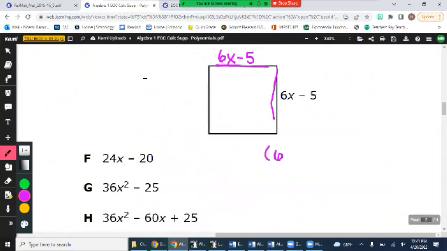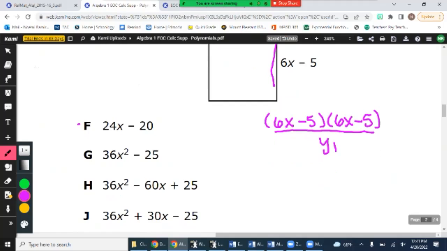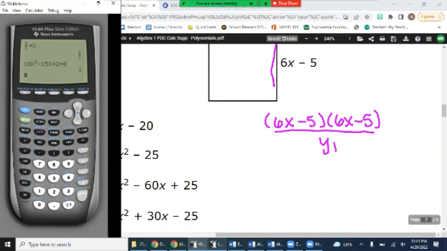If you want to do it the long way, you would use box or FOIL. But since I know what my two binomials are, and I know that once I work that out, it'll be equivalent to one of my answers, I can type that into Y1 and type all of this into Y2, one at a time, of course. You never want to try to do everything at once.